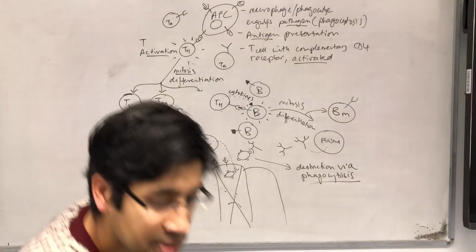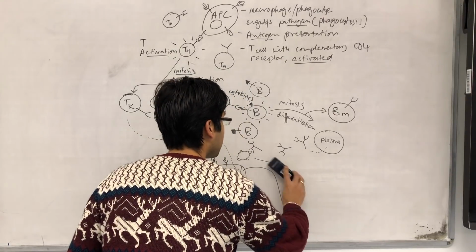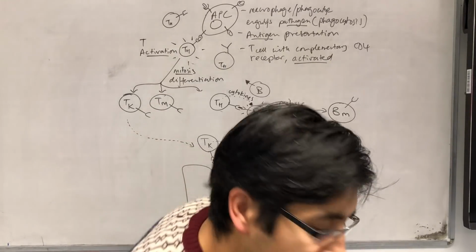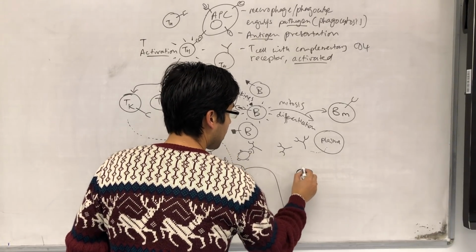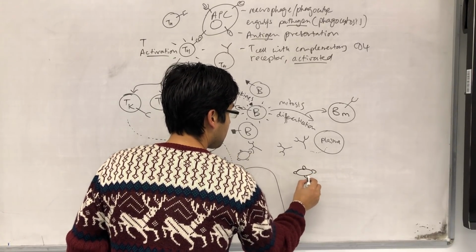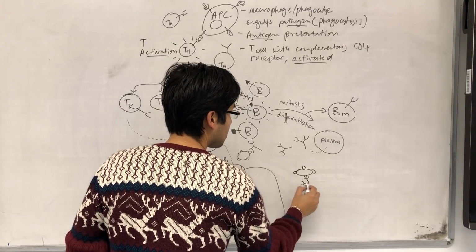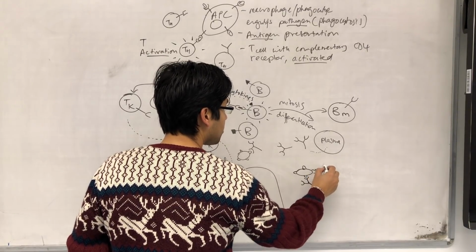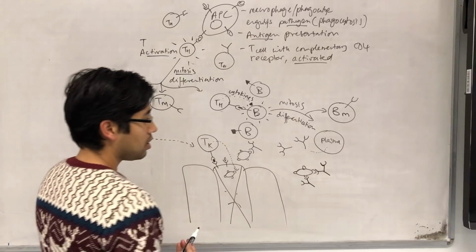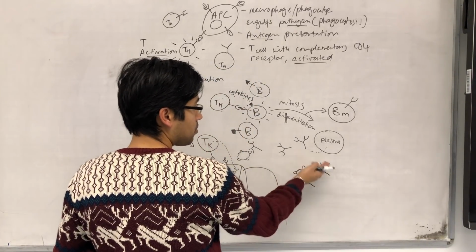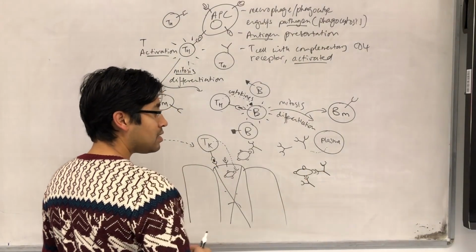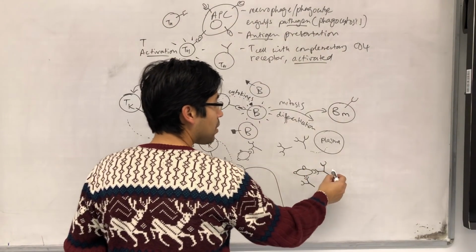I'll just clarify that last point. We've got a pathogen, and because it's got antibodies stuck to it, because these antibodies are complementary, from one side they bind the antigen, but on the other side they actually bind to a macrophage.